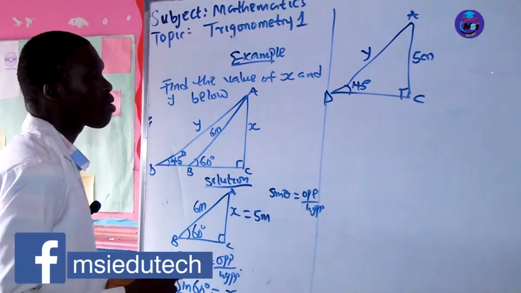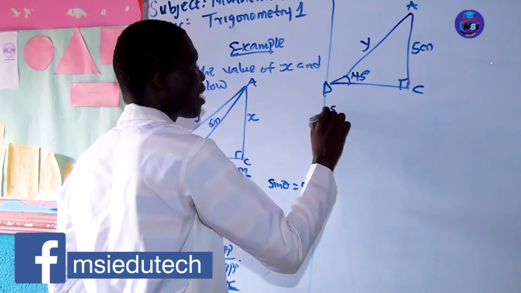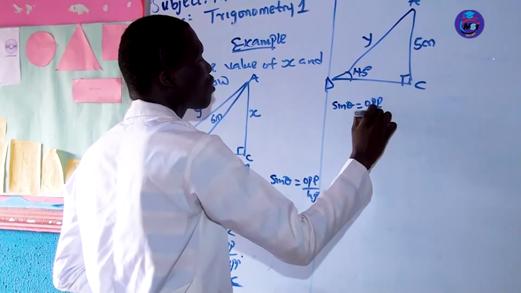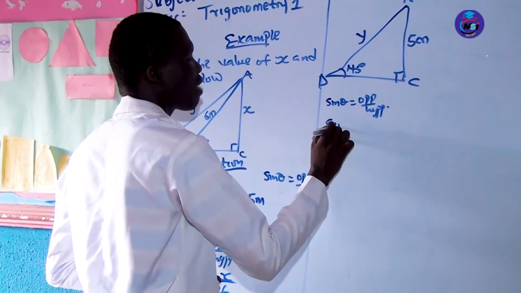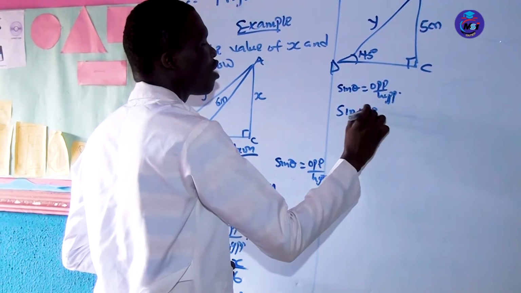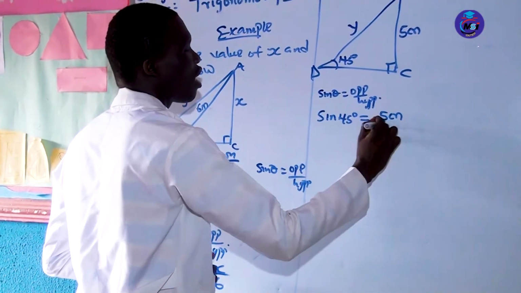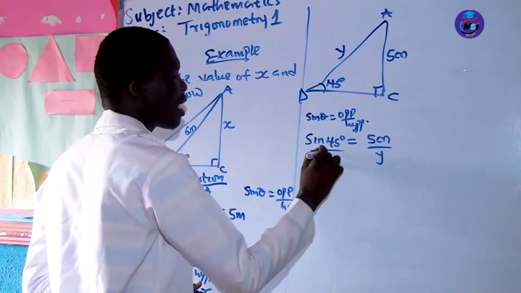So what are we going to apply? If we apply sine, sine is opposite over hypotenuse, okay? That means sine 45 degrees equals opposite 5 meters all over y. Divide this by 1.